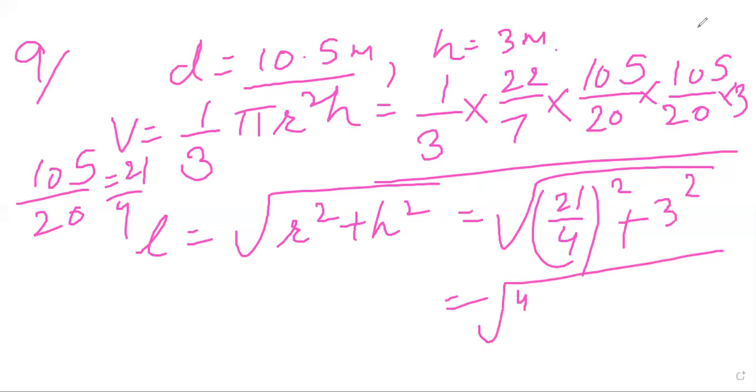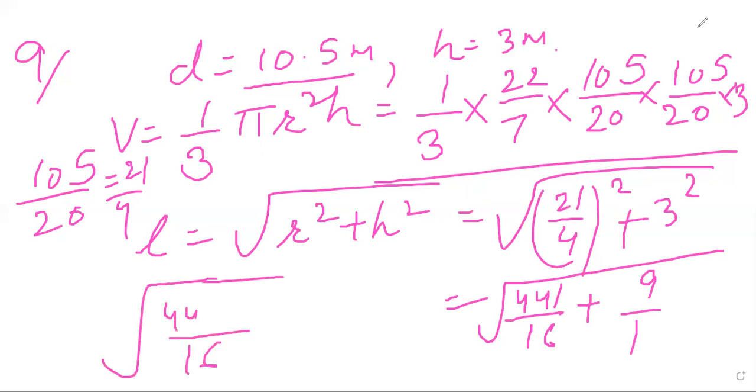After solving it, we'll get 441 upon 16 plus 9 upon 1. Now we'll take the LCM, which will be 16. And we'll get square root of 585 upon 16.